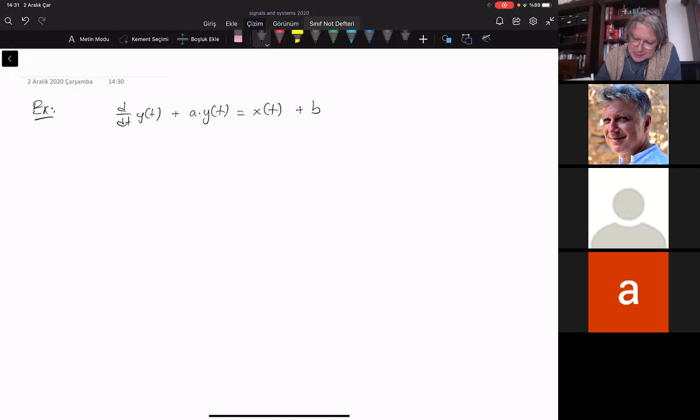So LTI systems must have y and x at the left-hand side and the right-hand side of the equation and their derivatives, etc. So this is the constant coefficient linear set of differential equations, and it corresponds to an LTI system. When you look at it, you don't have to apply any checks of whether it's linear or time invariant or whatever. That may be hard for differential equations, but I'm just telling you that it's an LTI system.